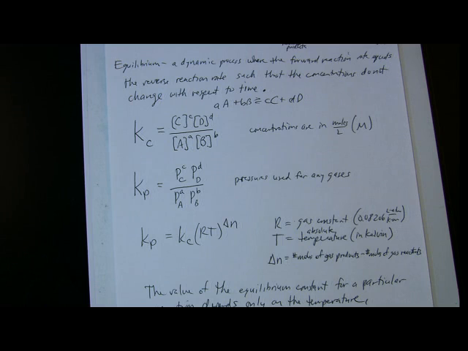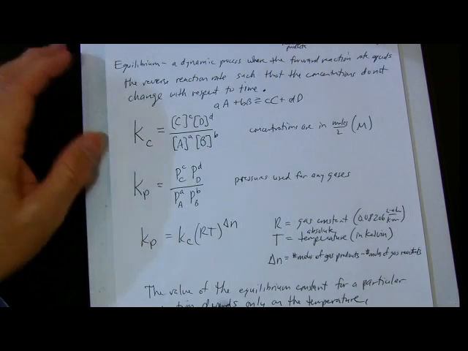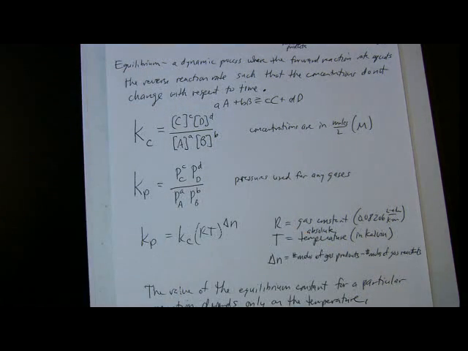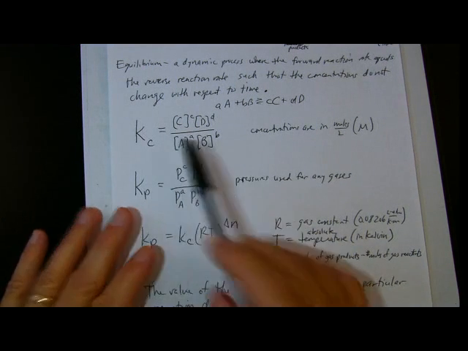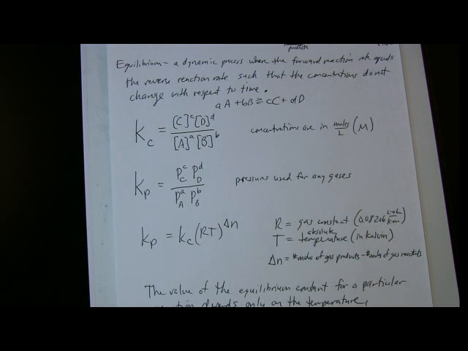The reasoning behind that is a little bit more complicated than what's necessary for this course, but it turns out that these concentrations are ratios of the measured concentration to the concentration when in its standard state.